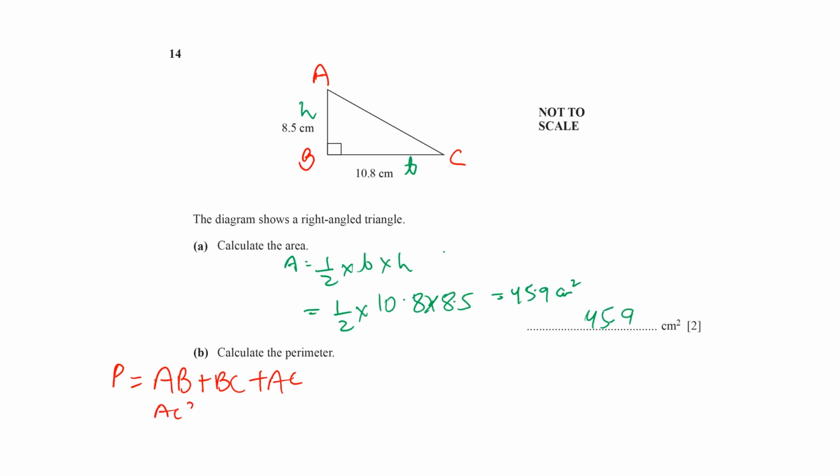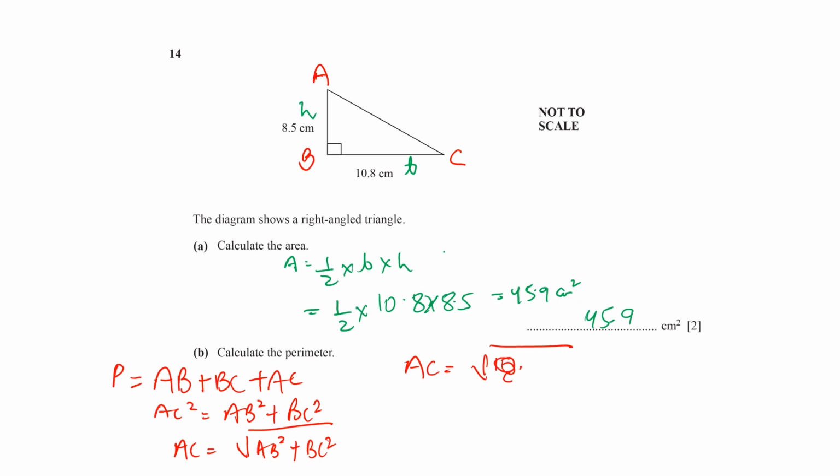So AC squared will be equal to AB squared plus BC squared. So AC will be equal to the square root of AB squared plus BC squared. So AC will be the square root of 8.5 squared plus 10.8 squared.